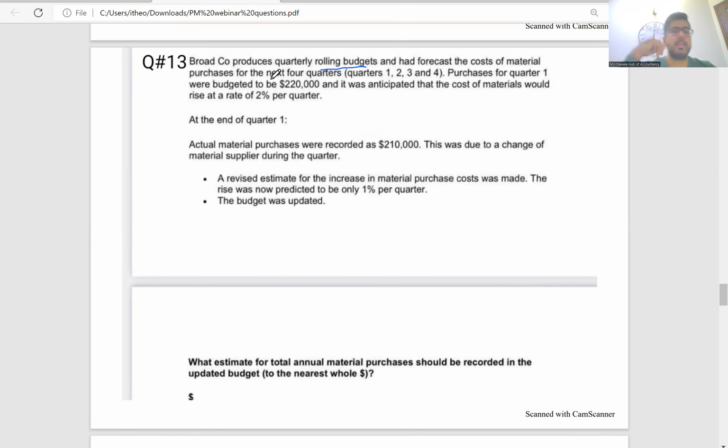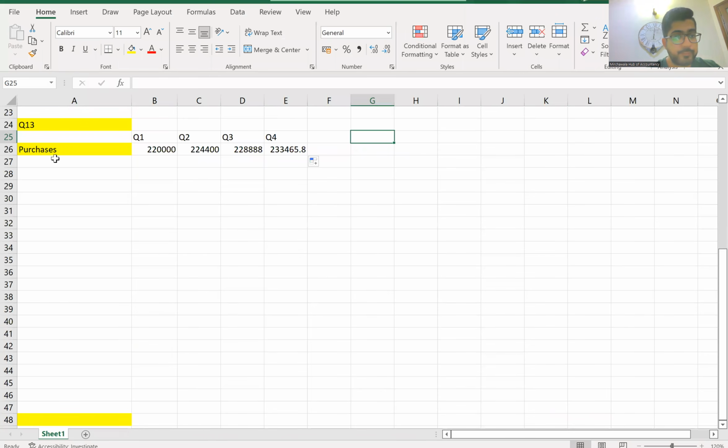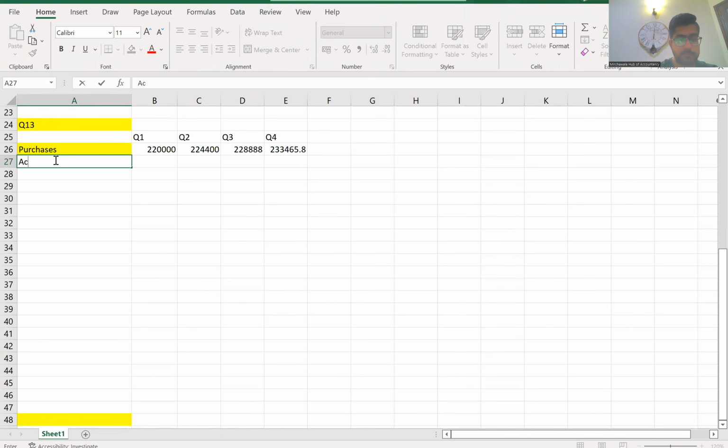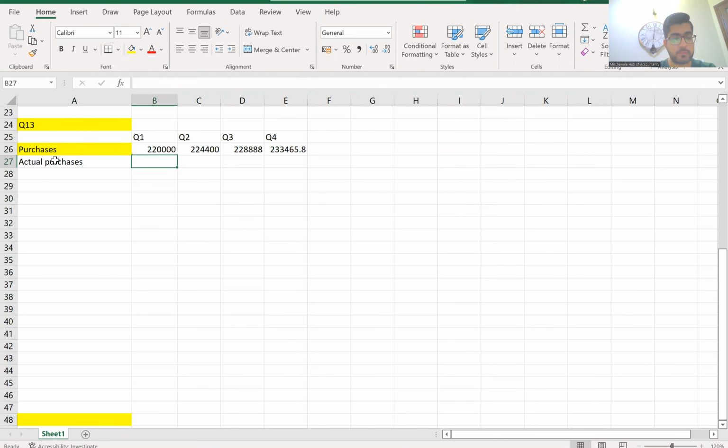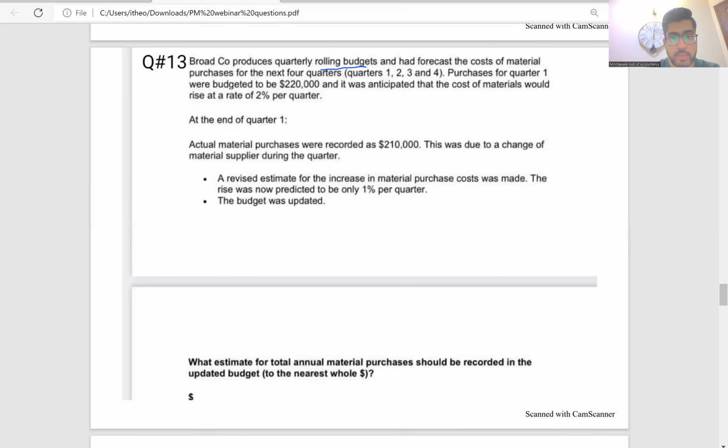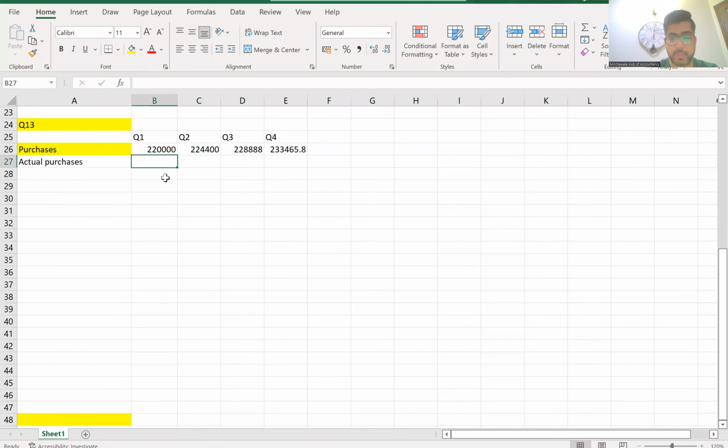At the end of quarter 1, actual material purchases were recorded as 210,000. You made a budget of 220, but actual purchases were 210,000.